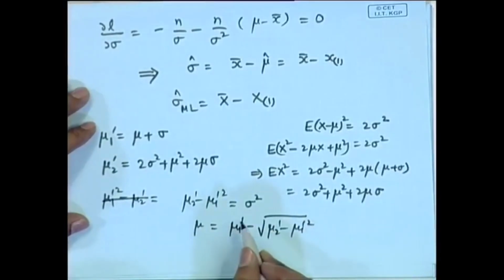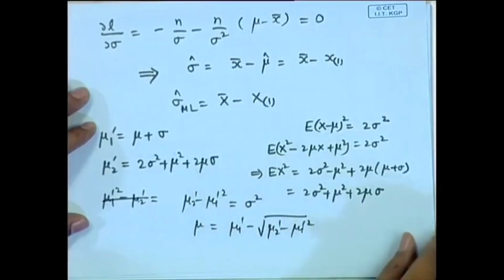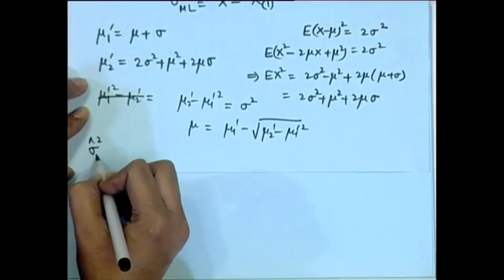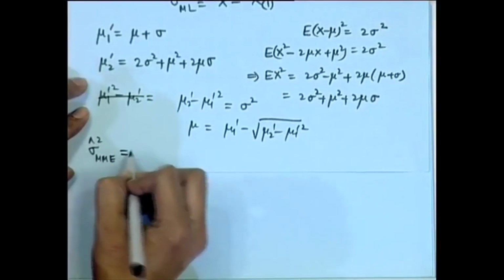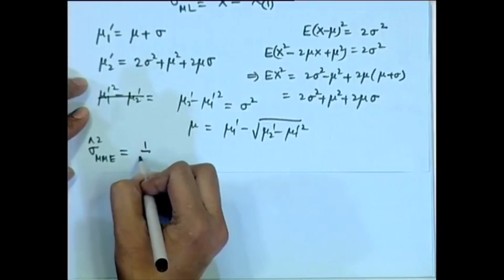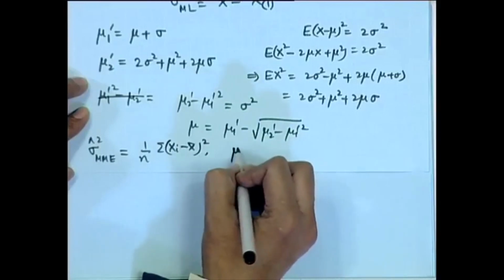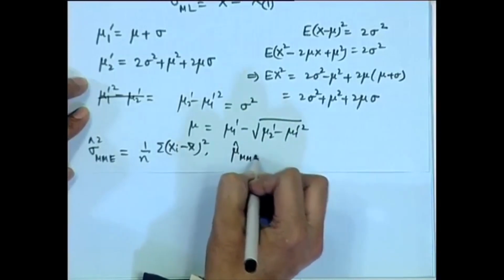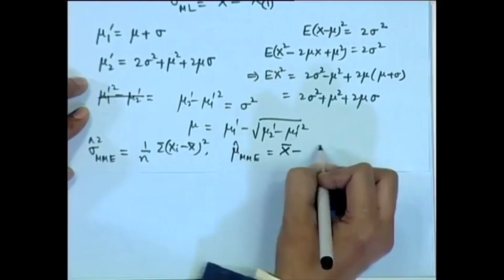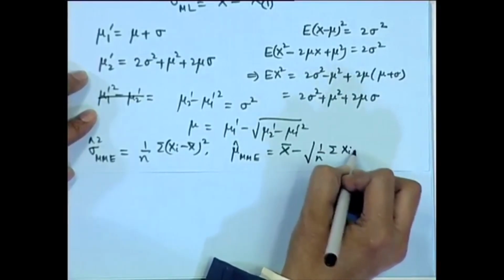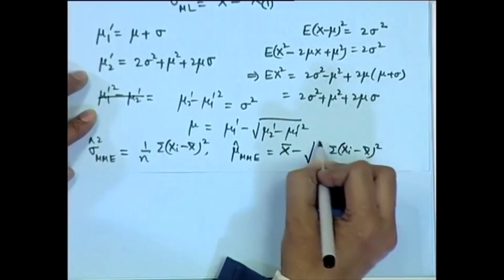So, the method of moments estimators for mu and sigma square will be obtained as sigma hat square MME is equal to 1 by n sigma x i minus x bar whole square, and mu hat MME will be equal to x bar minus square root of 1 by n sigma x i minus x bar whole square.